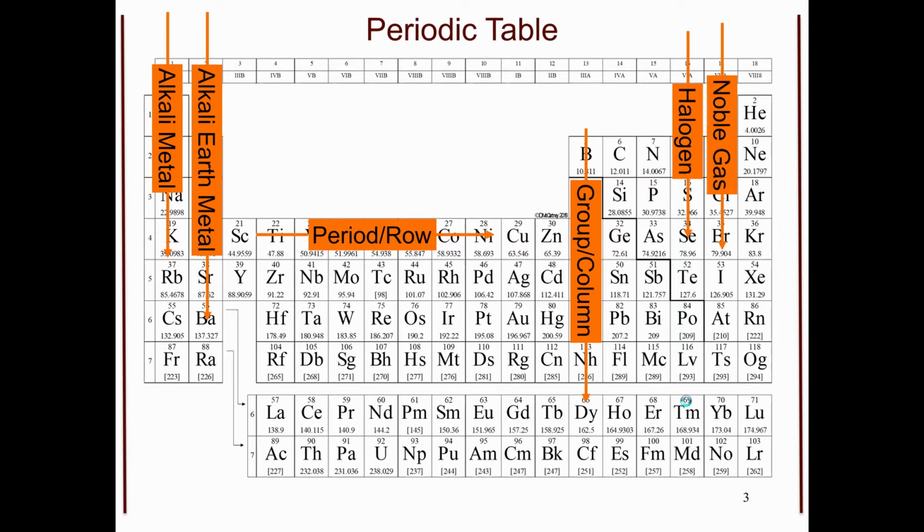So as you see in this video, the alkali metals and the alkaline earth metals have the label right over them, the halogens are actually the next group over with fluorine, chlorine, bromine, and iodine, while our noble gases are our helium, neon, argon, and krypton.